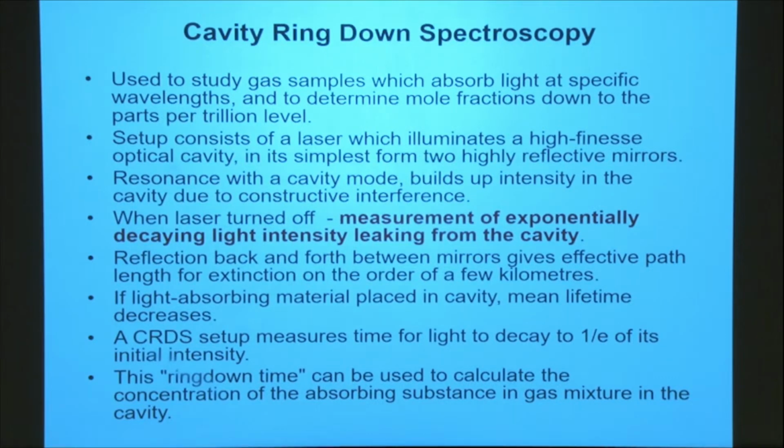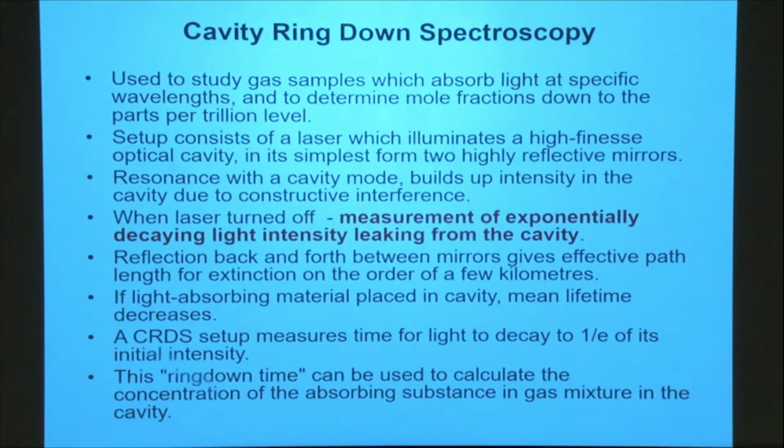Because we've got reflections back and forth across the mirrors, we've got an effective path length of the order of a few kilometers. That means we have a very sensitive technique which can measure extremely low concentrations. This is an absorption technique which is used to determine mole fractions down to the parts per trillion level.